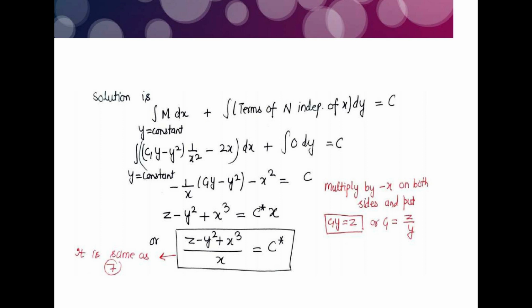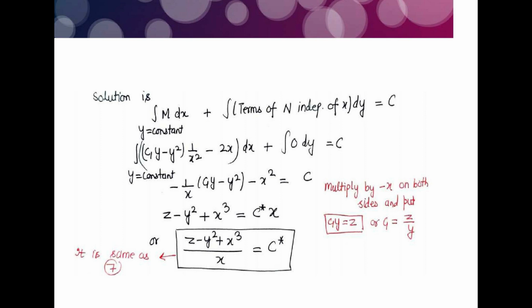Now we can integrate the expression of M with respect to x, treating y as constant. So finally we have this solution: minus 1 upon x into c1y minus y square minus x square equal to c. Now we can multiply by minus x on both sides. Do that thing.